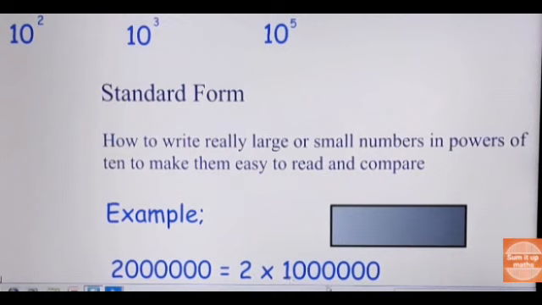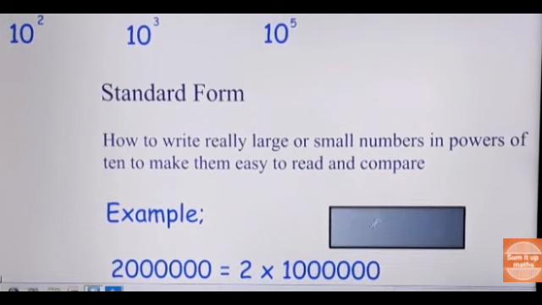When we're writing in standard form, we take a number from our original number that is between 1 and 10. It must be less than 10, but between 1 and 10, and we times it by the powers of 10. Well, this is times by a million, which is 10 to the 6.